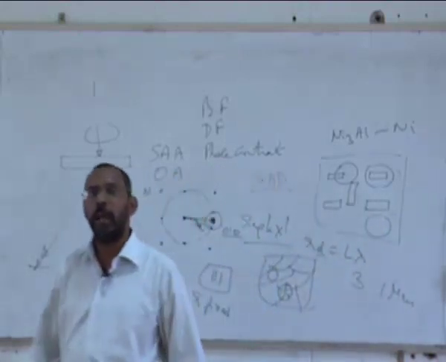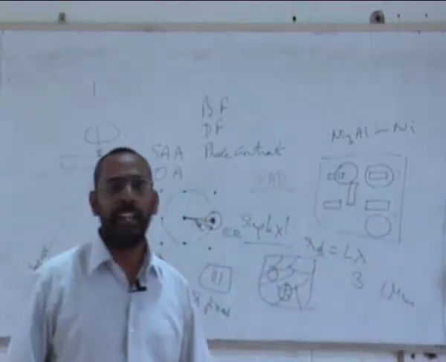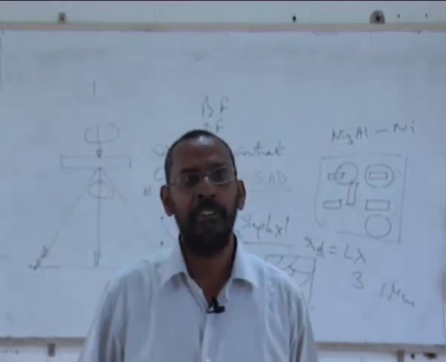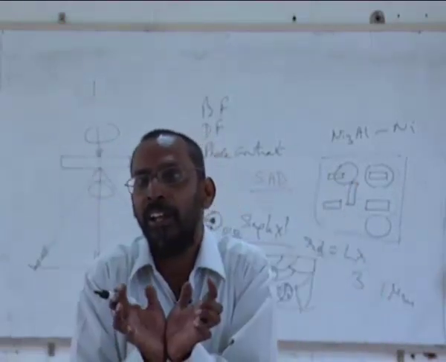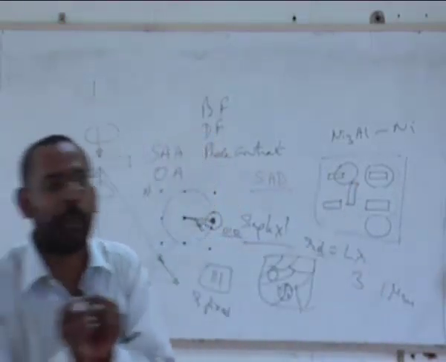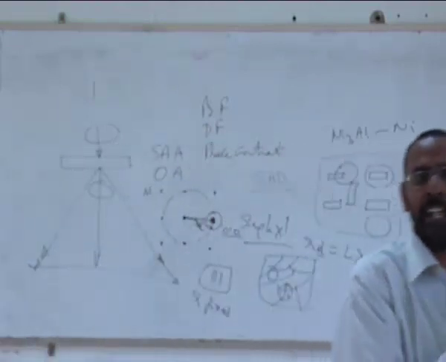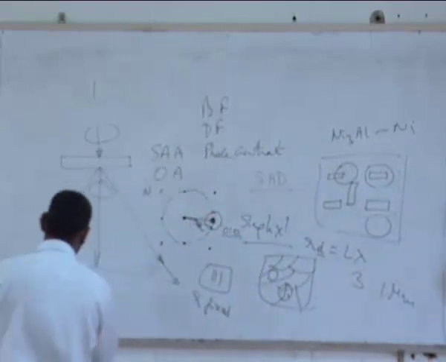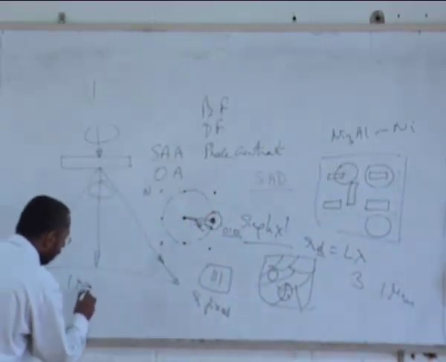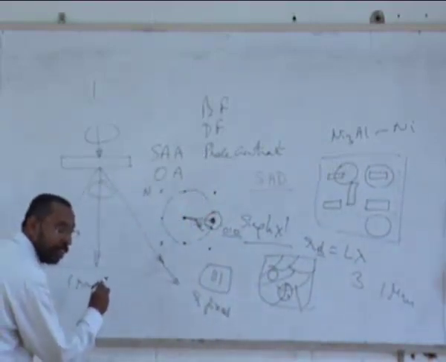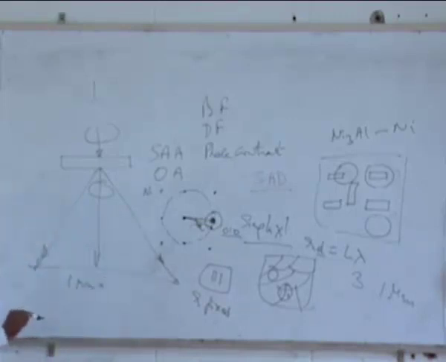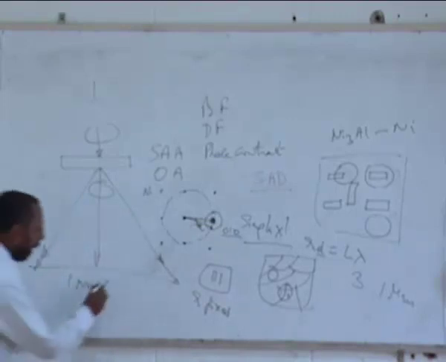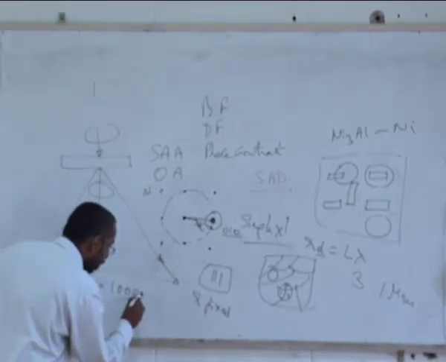If I am working on a material with about 10 nanometer grain size, then in this 1 micron, how many grains of 10 nanometer can I expect? 1 micron is how many nanometers? How many? 1000 nanometers. Right?